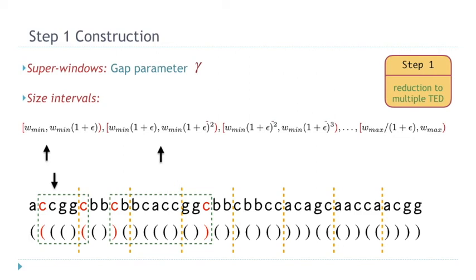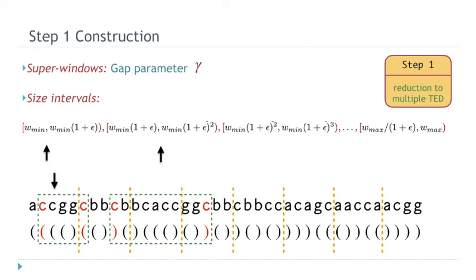Okay. For super windows, we fix three things. The first thing is the first milestone. The second thing is the range for the left sub-window. And the third thing is the range for the right sub-window. So we find a super window such that the starting position of the super window is before the milestone. The size of the left sub-window is within the first range, and the size of the right sub-window is within the second range.